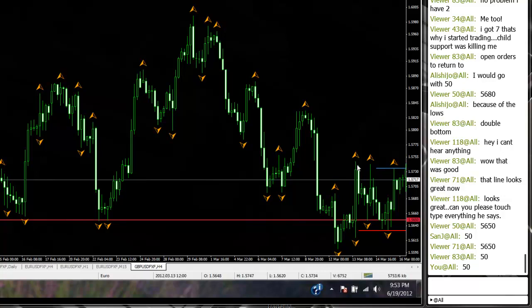But how do we do that? We have a stage set to be looking for buying opportunities on the cable, given this opportunity right here. If we have a premise, which in this case is to be a buyer, because we're trading at a key support resistance level on a higher time frame, and now we have a bullish market flow on the 4-hour, what do you have here?